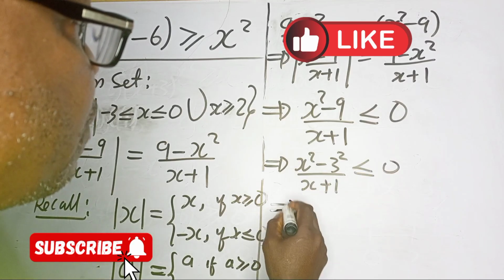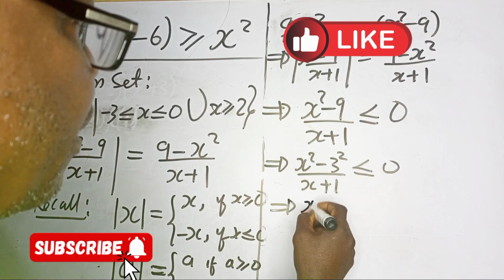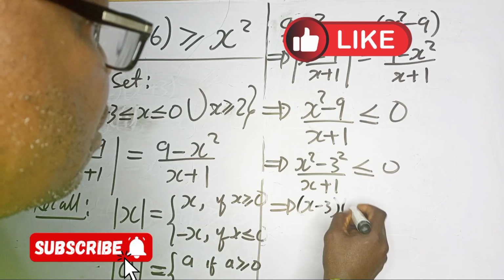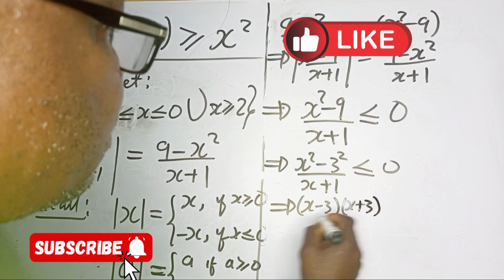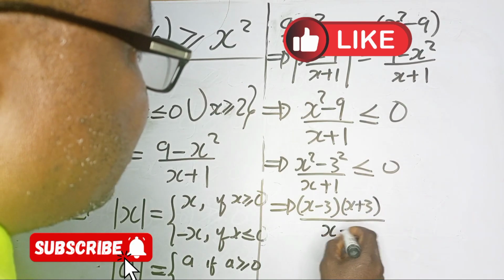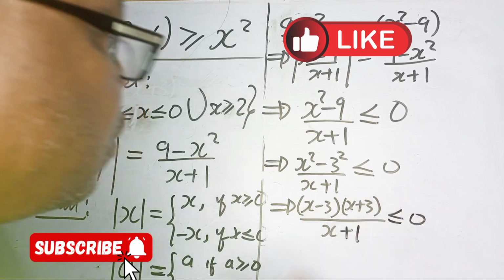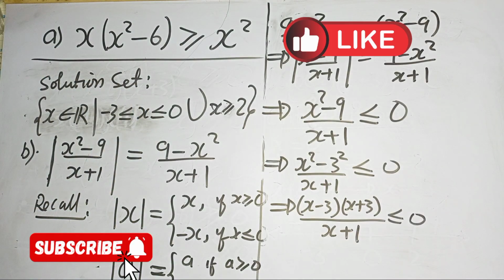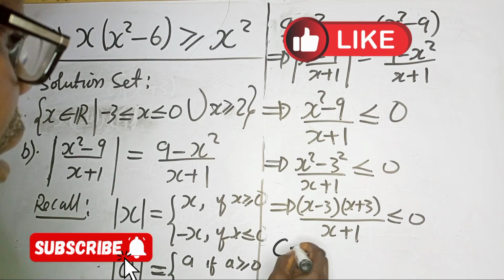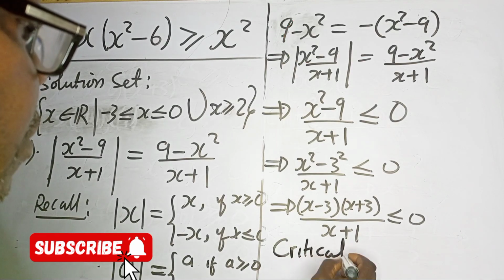Applying the difference of squares identity, we have x minus 3 times x plus 3, all over x plus 1, less than or equal to 0. Okay, so which are those values that will render the numerator 0 and the denominator 0? Those are our critical points.